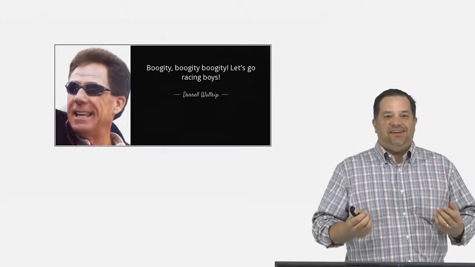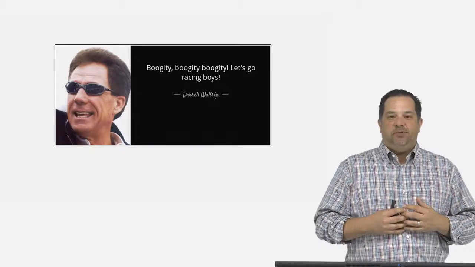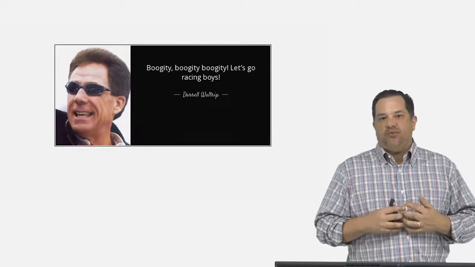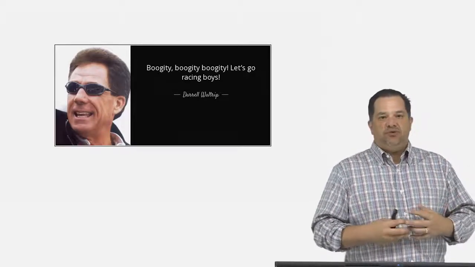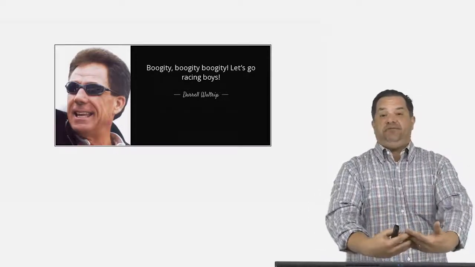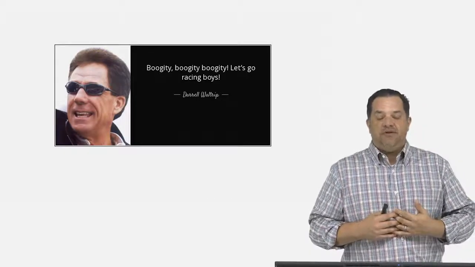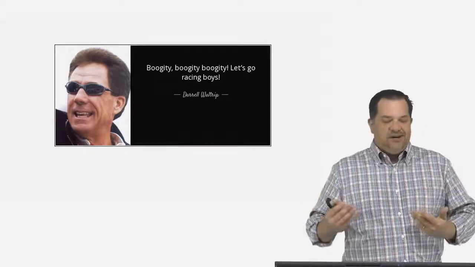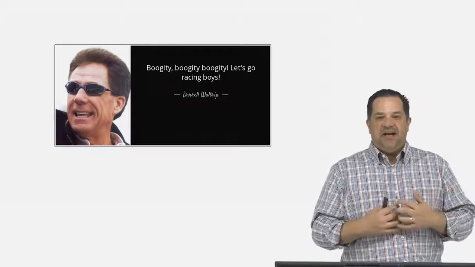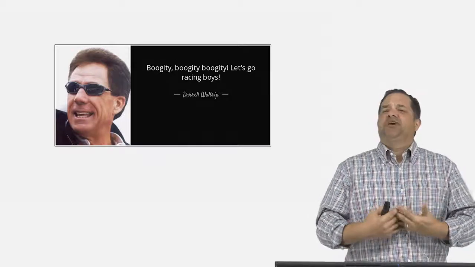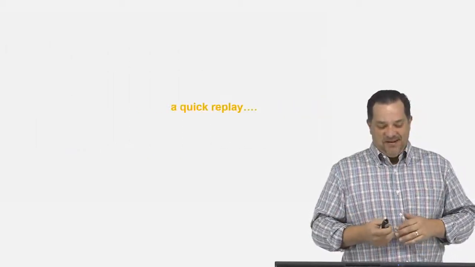So again, we left off last time with a NASCAR example and how the Stewart-Haas racing team may be able to use key partners and key resources to develop the entertainment value proposition to their customer segments, which are NASCAR fans. And so as we wrap up the final leg of this journey, we have to go back to the iconic Darrell Waltrip, boogity, boogity, boogity, let's go racing, boys. If you watch any NASCAR, you'll know where that comes from.